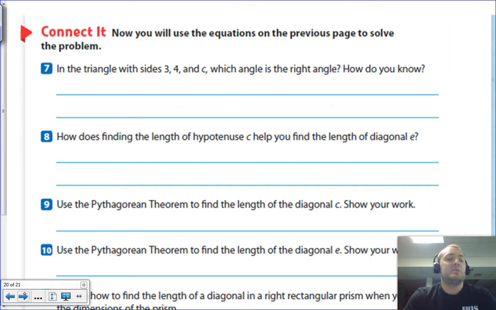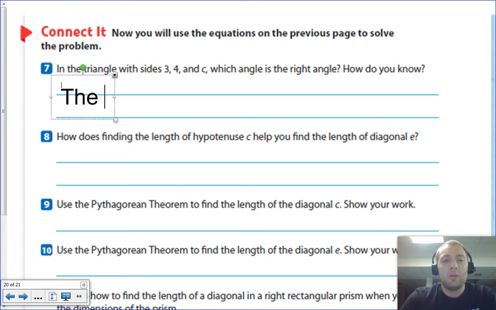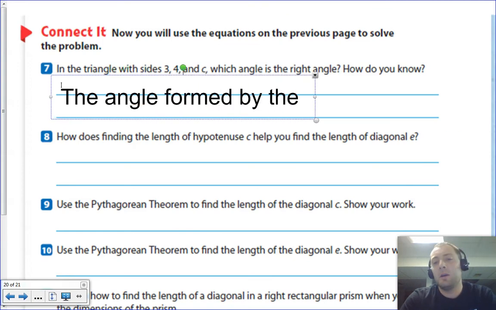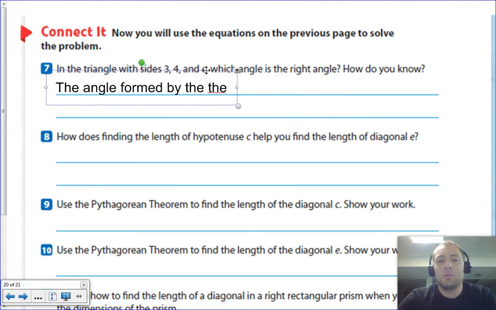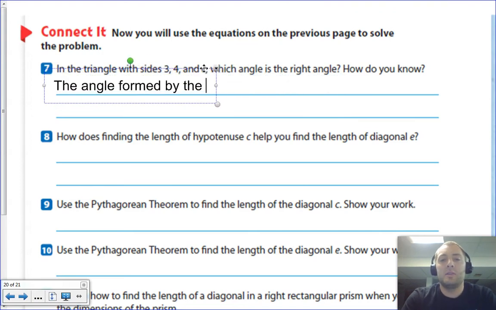On page 215 here, first question, in the triangle with sides 3, 4, and c, which angle is the right angle? So if you look at it, it would be the angle across from side c, or the angle formed by the side lengths of 3 and 4.